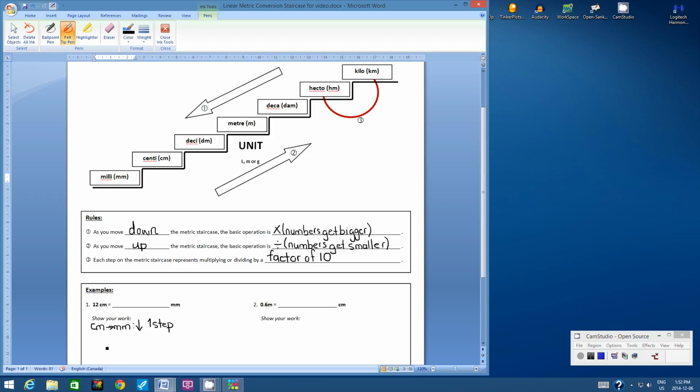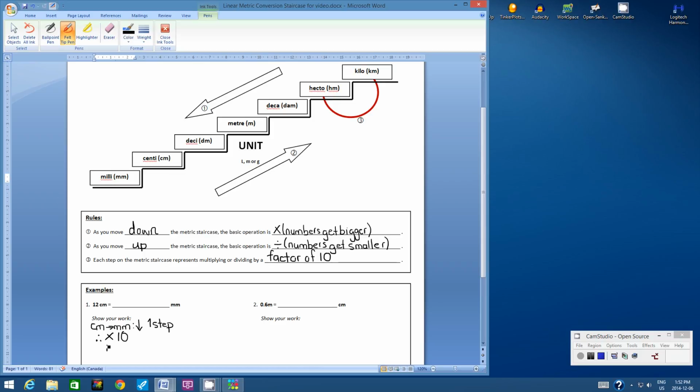So what does this mean in terms of our rules? Because we are moving down the metric staircase, the basic operation, using rule 1, is multiplication. So let's put multiplication here. And now let's use rule number 3. Each step on the metric staircase represents multiplying, in this case, by a factor of 10. One step means multiplying by 10.